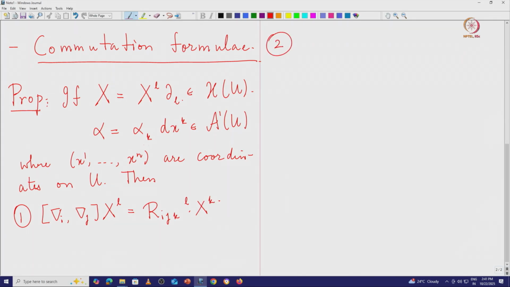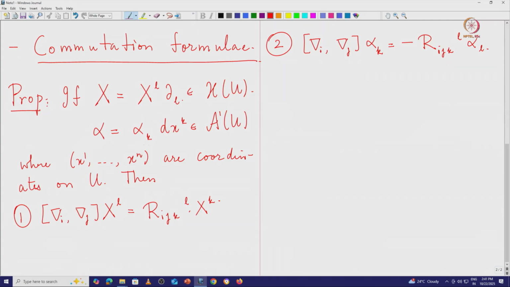Okay, and the second point is that if you calculate this commutator applied to alpha and look at its kth component, then that is again going to be in terms of the curvature, but now there is a negative sign: minus R_{ijk}^l alpha_l.